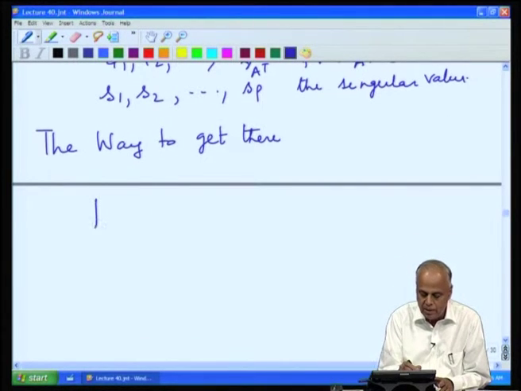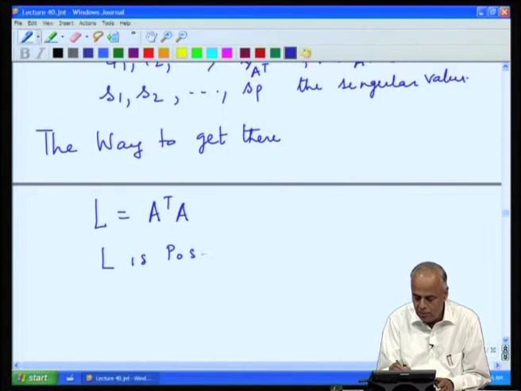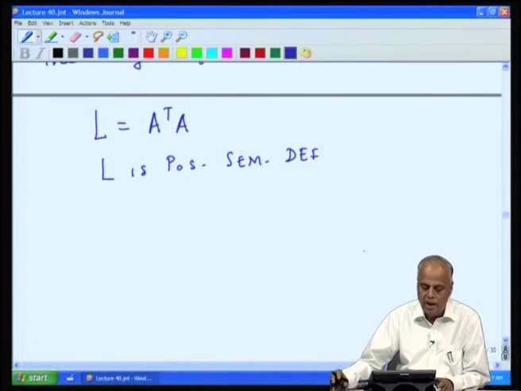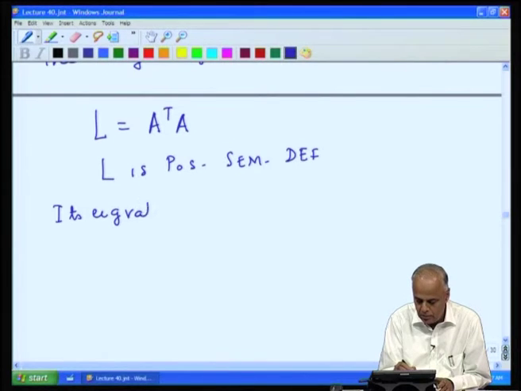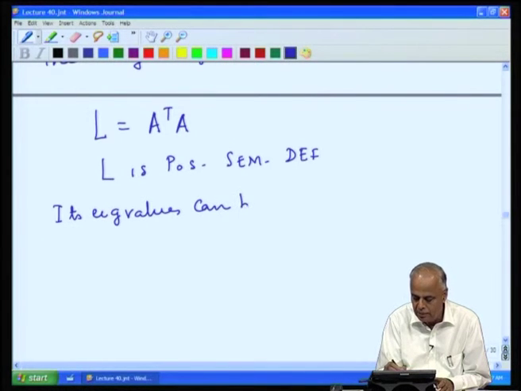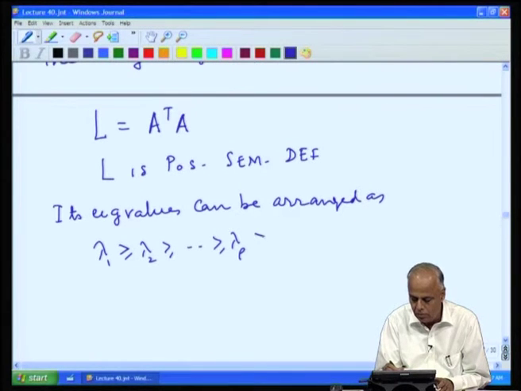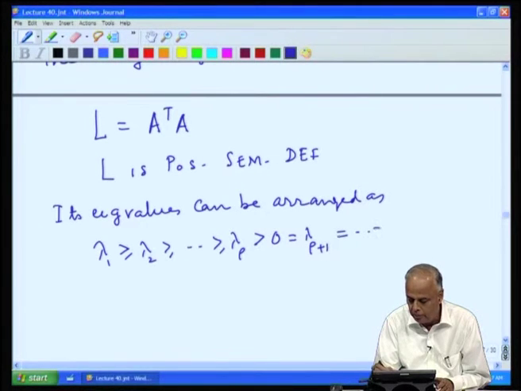We first construct L equal to A transpose A, and then L is positive semi definite, and its eigenvalues can be arranged as lambda 1 greater than or equal to lambda 2 greater than or equal to ... lambda rho greater than 0, with the remaining eigenvalues equal to 0.